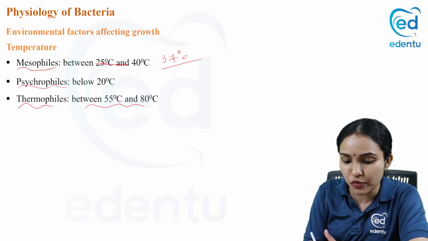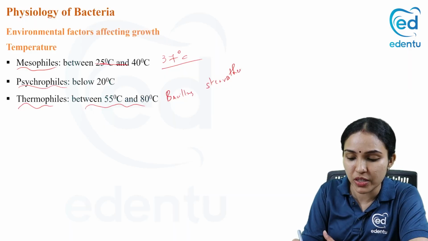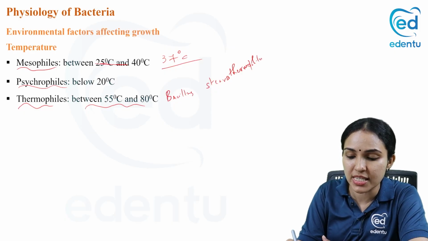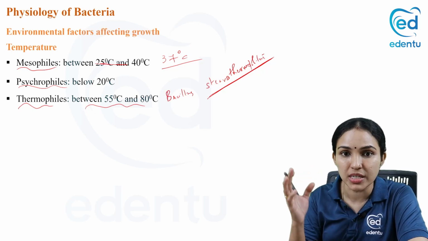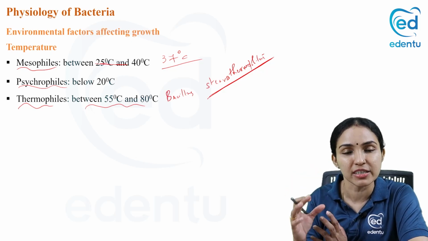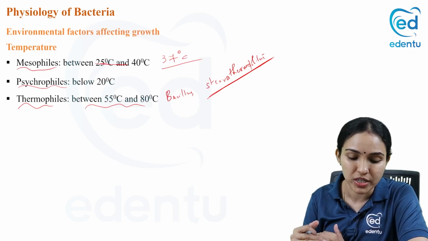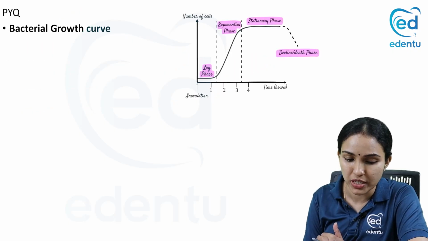An example for such a thermophilic bacteria is Bacillus stearothermophilus. Please note this bacteria name because it will come under sterilization when you learn about the autoclave. The name itself indicates it is temperature loving. It requires high temperature. Not requires, it can live in very high temperatures. So those are the different temperature requirements. You can classify bacteria as mesophiles, psychrophiles, and thermophiles.